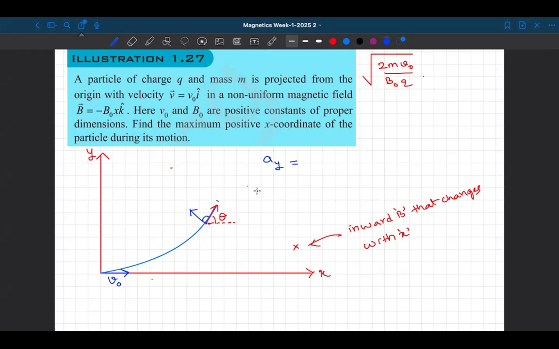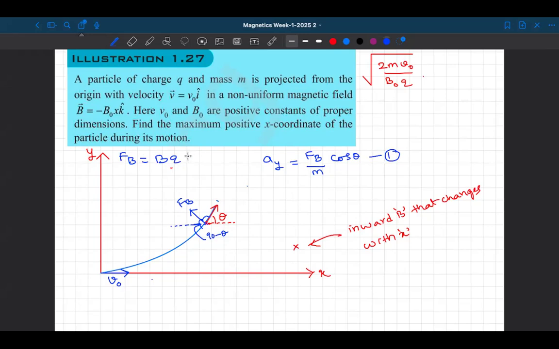AY here is due to FB. This angle is theta, this is 90 minus theta. Of course, at any point FB is given by BQV.